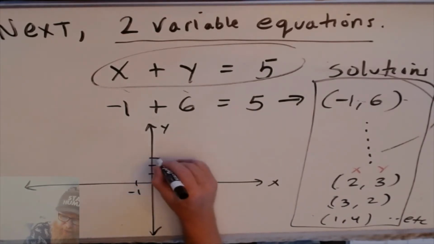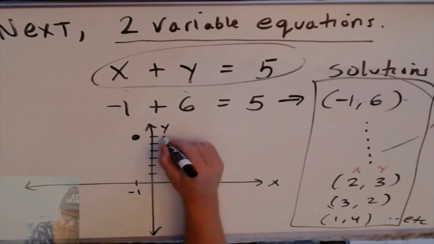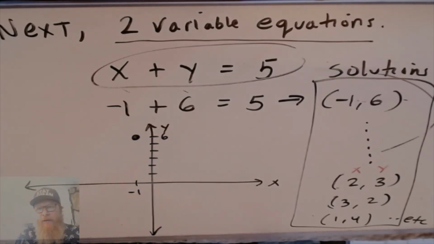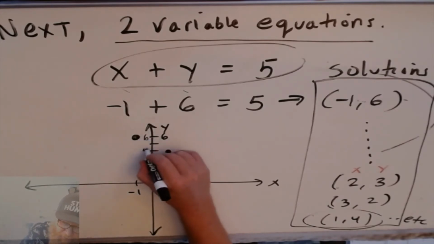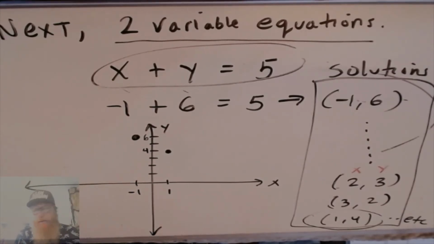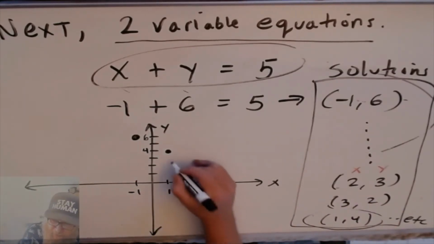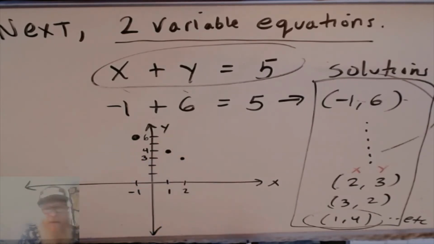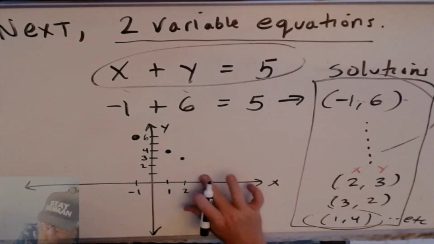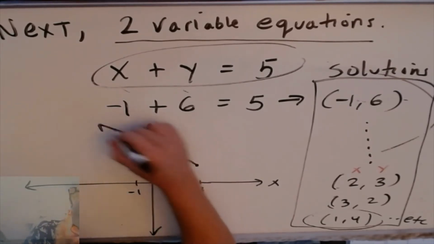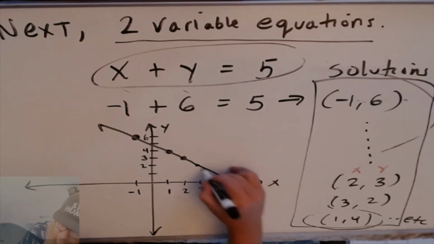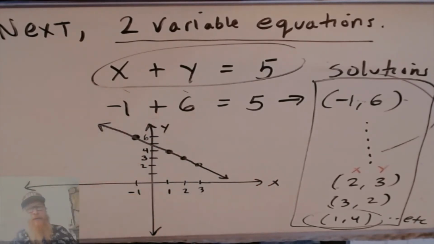Negative 1 and 6. Let's go in order here. 1 and 4. Let's go to 2 and 3. And 3 and 2. I know I should probably be using my grid, but I'm not. This is really just the warm-up problem anyway, so we'll get to the meat of it in a second.